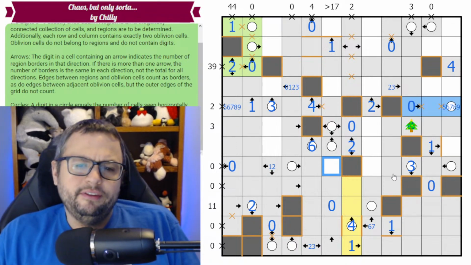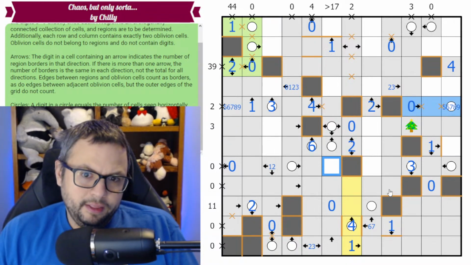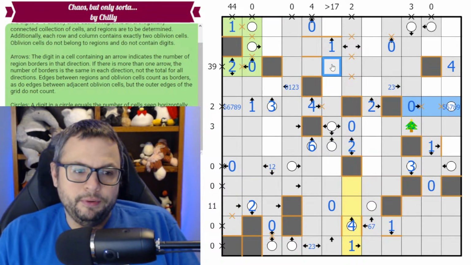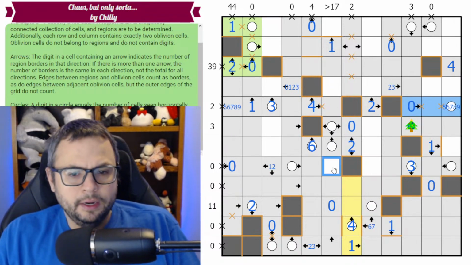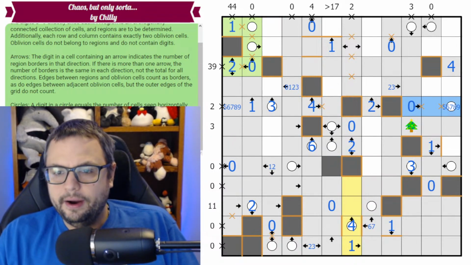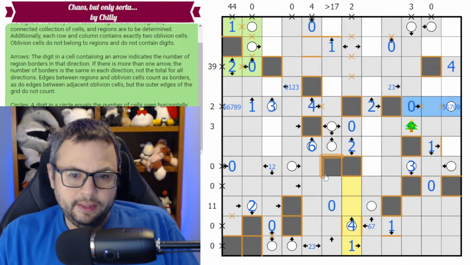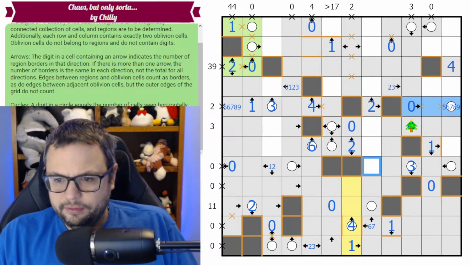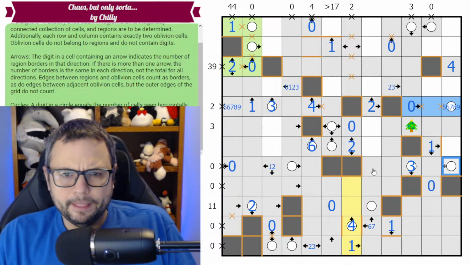Okay, so now if this is not an Oblivion cell, this column's greater than 17 is a problem, because I need to put at least a 17 here in order to get there. So that seems very likely. Okay, now that makes this gray.